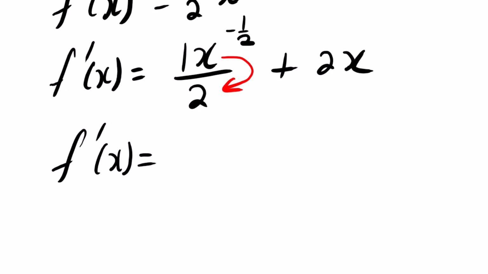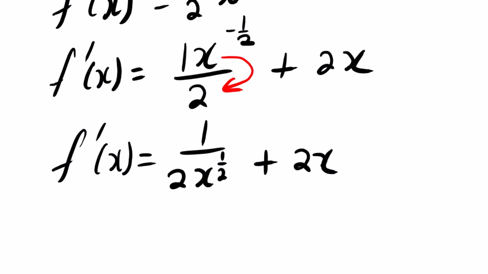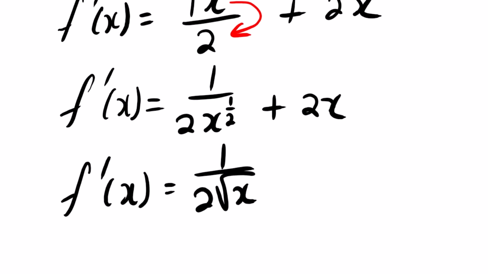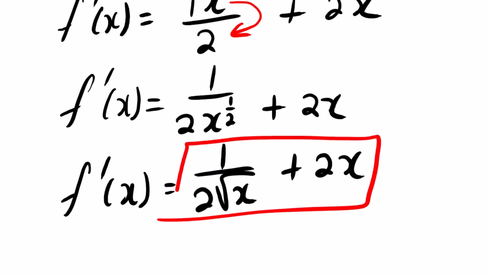So simplifying furthermore, the numerator will be left with 1 over 2x to the power 1 over 2 plus 2x. Furthermore, we have 1 over 2. Now we can put the radical sign, plus 2x. This is your derivative.